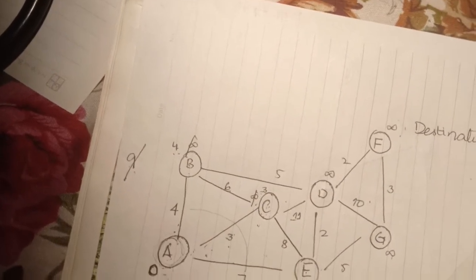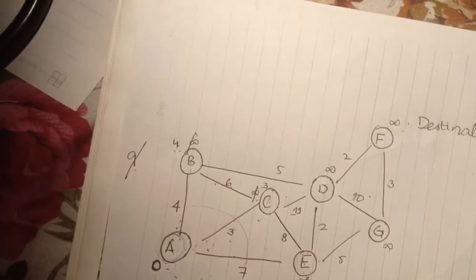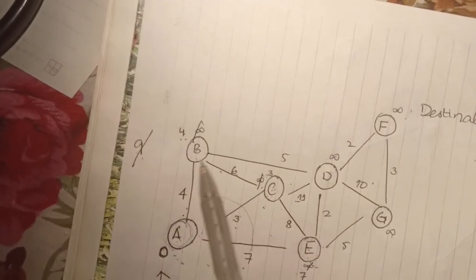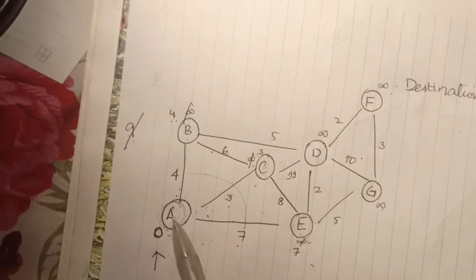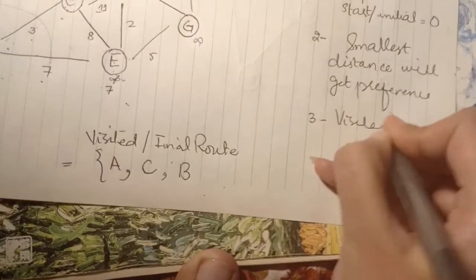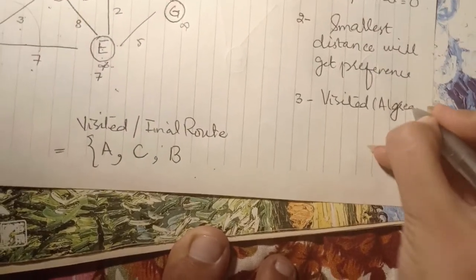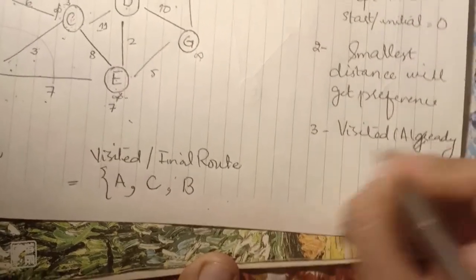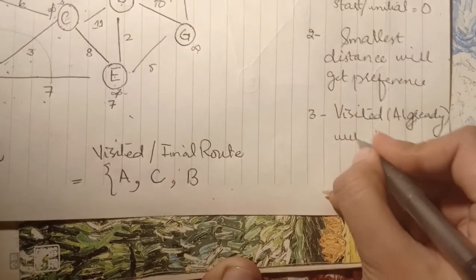In our next move, we are at B position, from C, and our visited node is B. So at B we have 4. To go from B, we have A, C and D. Now we have another rule: a node you have already visited will be ignored.